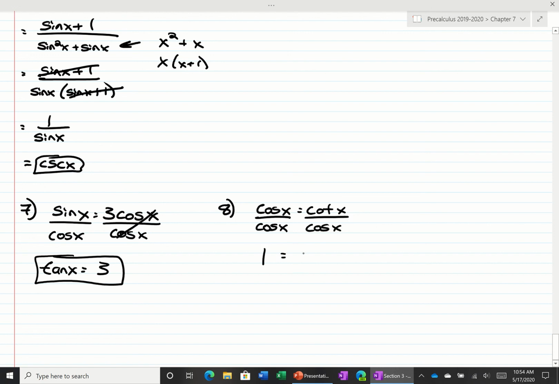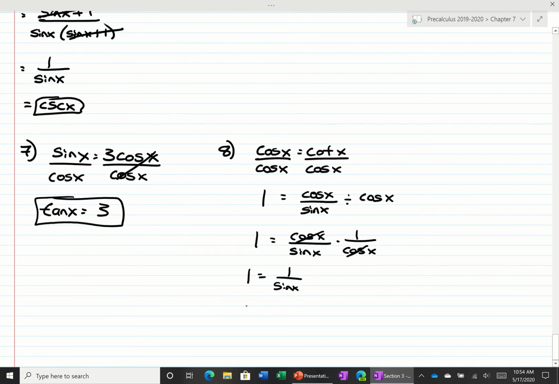And we get cotangent, which is cosine over sine, and we're dividing that by cosine. So let's keep change flip. And we get 1 over the sine of x, which is cosecant.